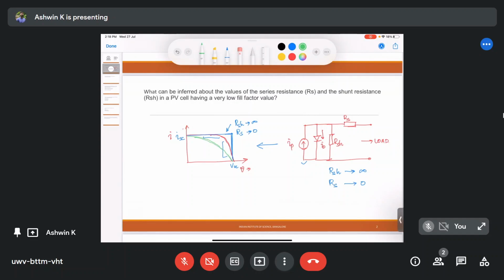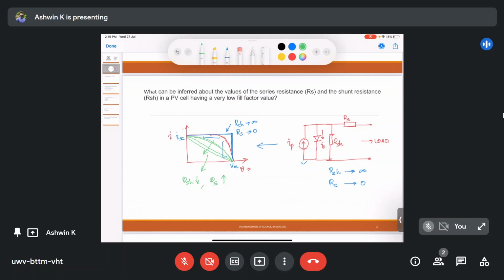That means the non-ideality starts stepping in more, and your IV curve becomes more and more non-ideal. So if you go down this green curve, what you can imply is that your R shunt is reducing and your R series is increasing.